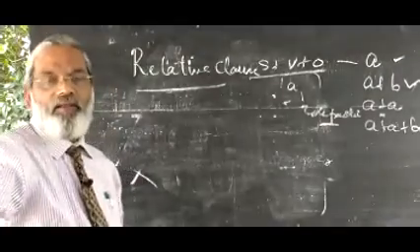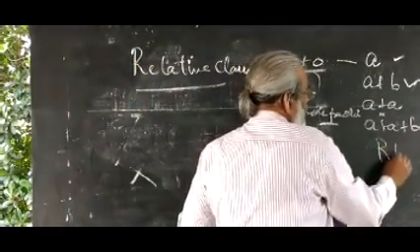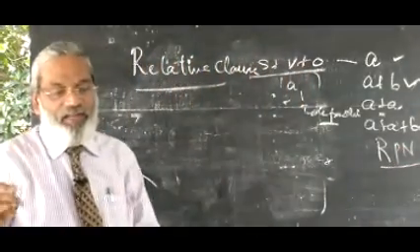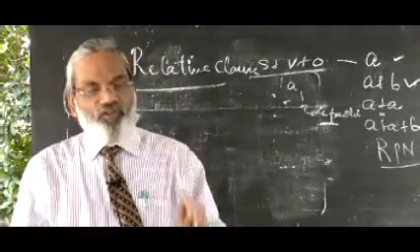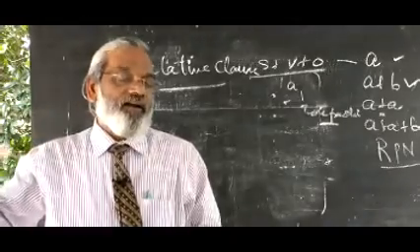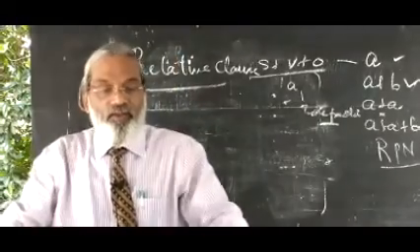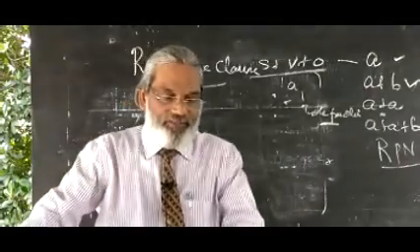Please remember, a relative clause is constructed by RPN. RPN means relative pronoun, 90% relative pronoun. Then word conjunctions like if, unless may also come in the way of relative construction. We call it an A plus B pattern.